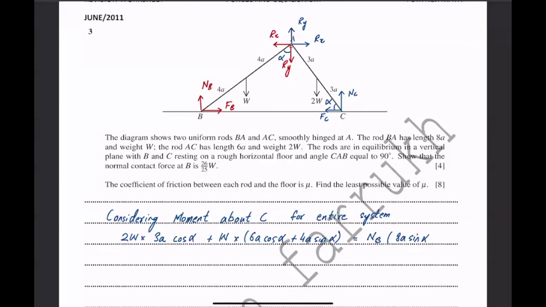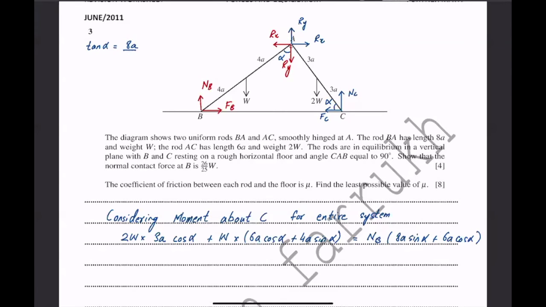So once we simplify this equation, A would cancel out, and we can also find sin alpha and cos alpha, because for a right angle triangle we have the perpendicular and the base. We can find the hypotenuse using Pythagoras theorem, and hence that will allow us to find sin alpha and cos alpha as well.